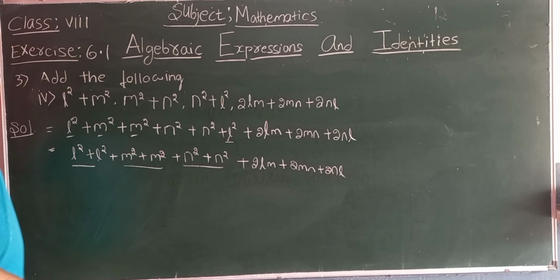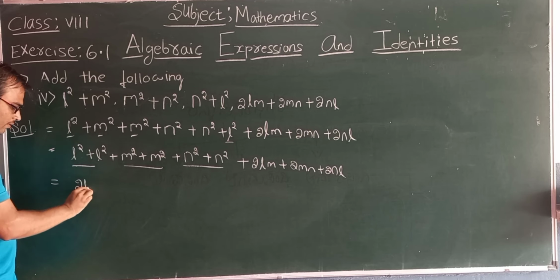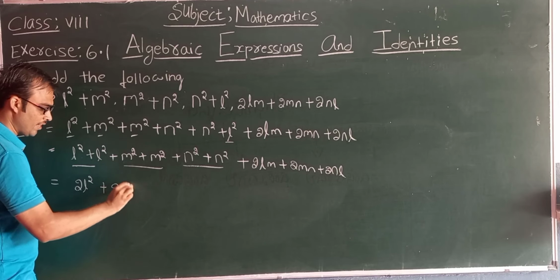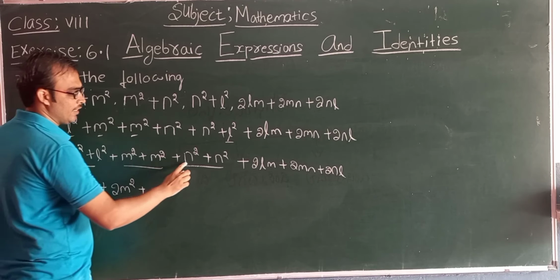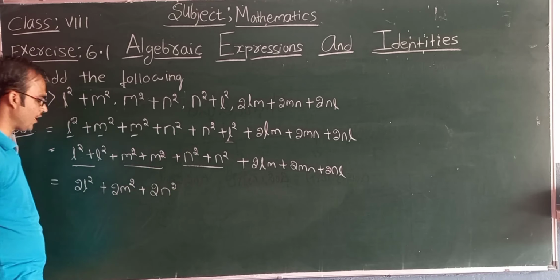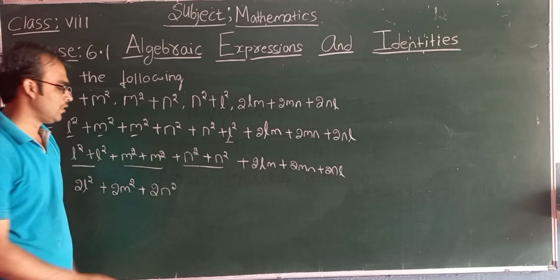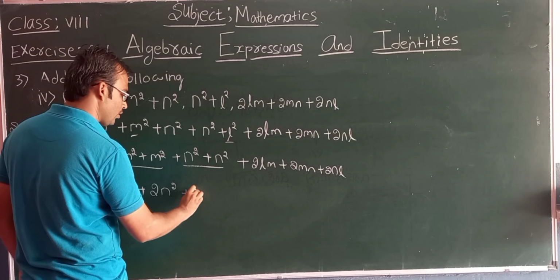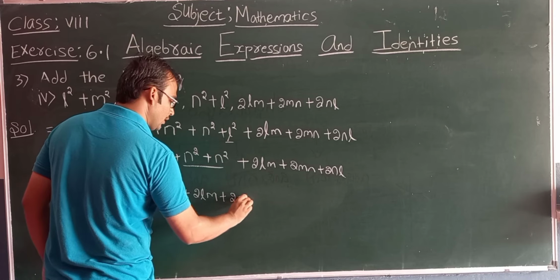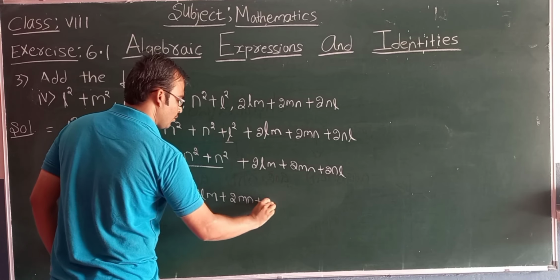Now students, L square plus L square gives 2L square, plus M square gives 2M square, and N square gives 2N square. Now write this term as it is: 2lm plus 2mn plus 2nl.